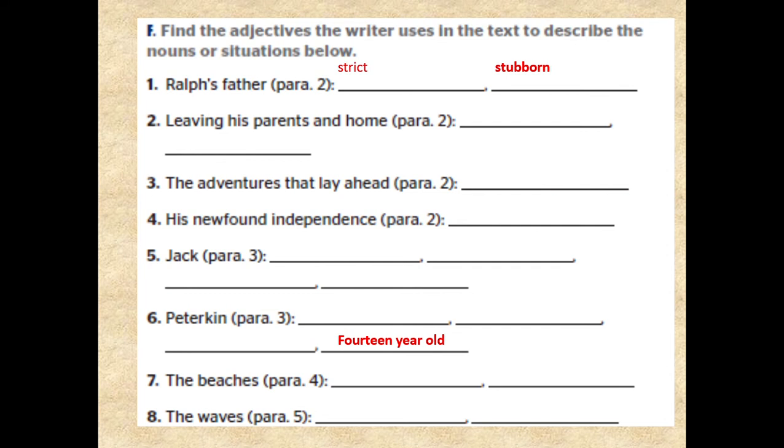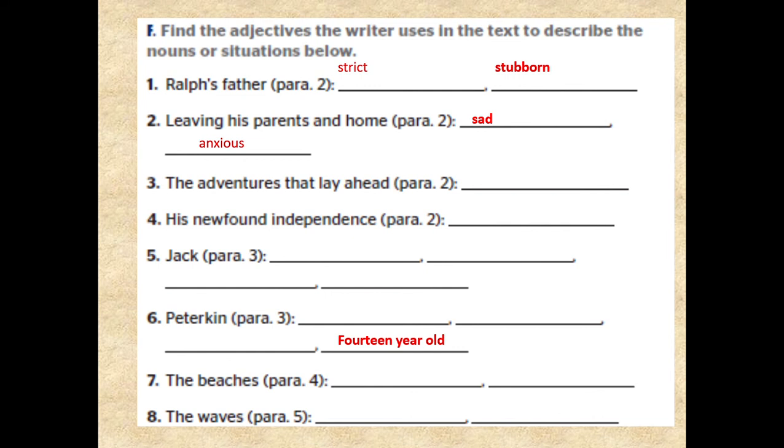Good. 2. In the same paragraph, bring 2 adjectives. That means leaving his parents and home. He was sad, so he is describing here the feeling. He was sad and anxious. Good.